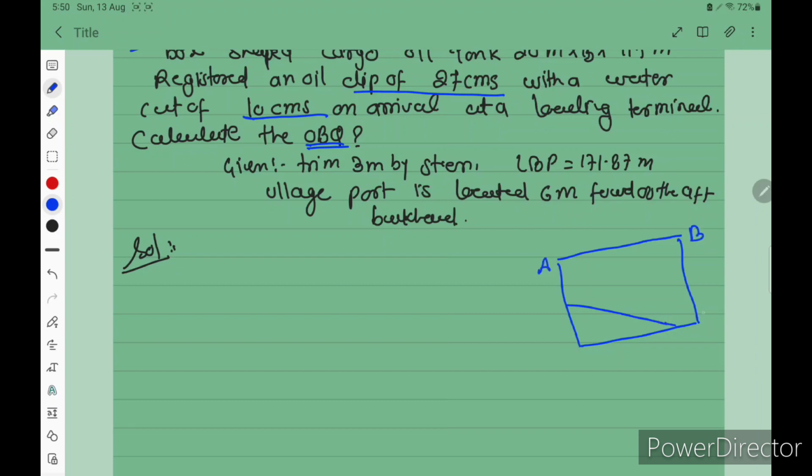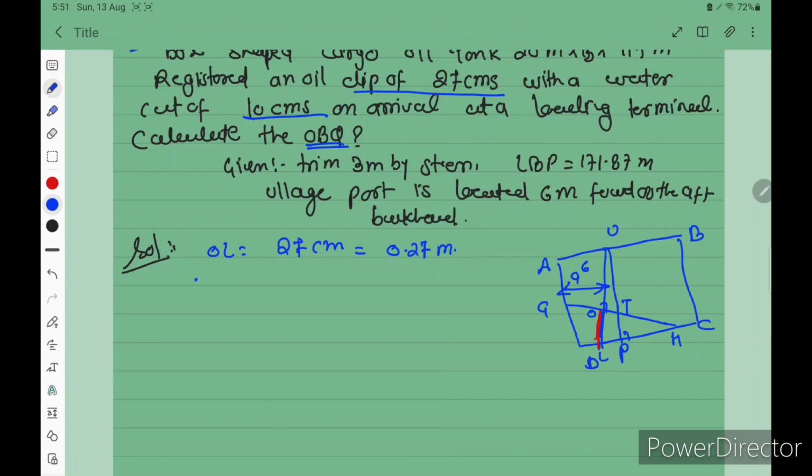Okay, put the values: name A, B, C, D, the dimensions of the tank. Then GH, UOLTT. This is A, which is 6 meter. OL is given 27 cm, which is 0.27 meter.